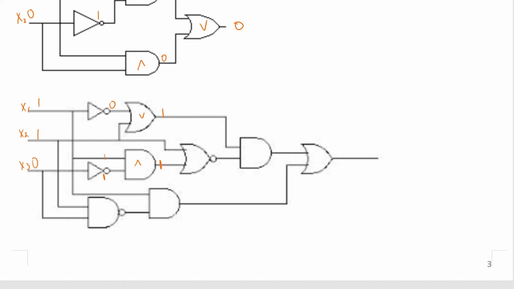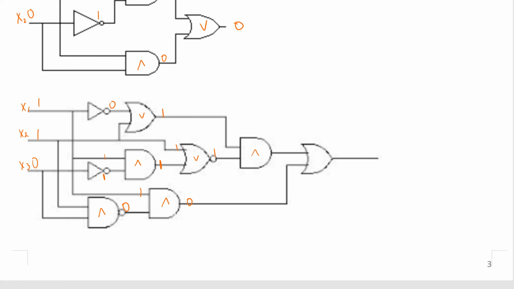How about this guy? This guy is AND. So we have 1 and 0 give us 0. This guy is also x1, so it's 1, sorry, this is AND. 1 and 0 give us 0. And then this guy is 1 or 1 is 1.